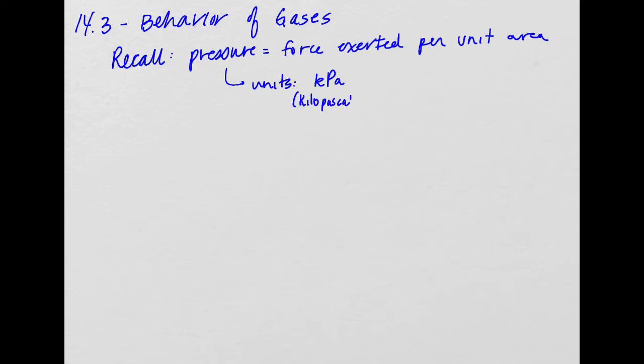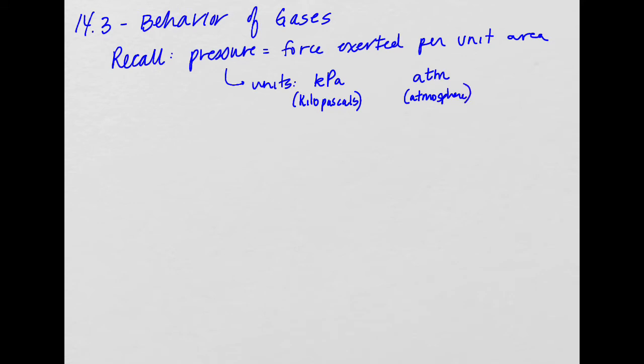Kilopascals, just like kilograms, means 1,000 pascals. 1 kilogram equals 1,000 grams, and 1 kilopascal equals 1,000 pascals. This is a unit of measurement for pressure. Another unit we're going to use is called the atmosphere, abbreviated ATM.